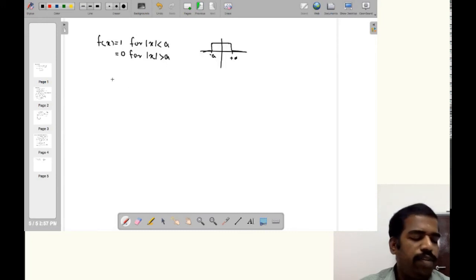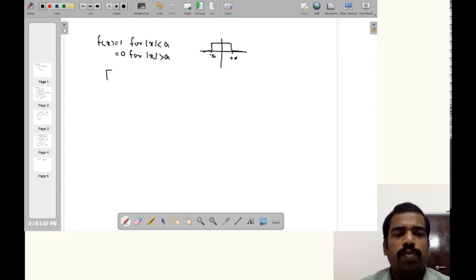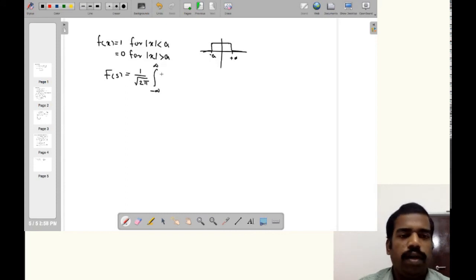So we can write the formula f of s equal to 1 by root 2 pi integral minus infinity to plus infinity f of x into the kernel e raised to i s x dx, not ds.